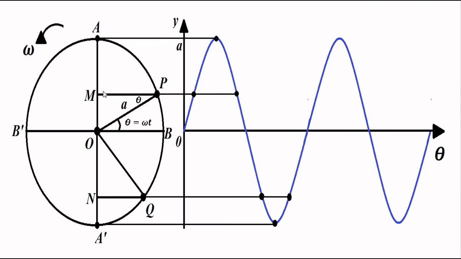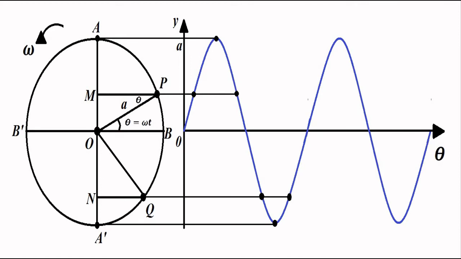When we draw a perpendicular from the position of the particle on the circumference to the diameter of the circle, the movement of that point along the diameter is an example of simple harmonic motion.